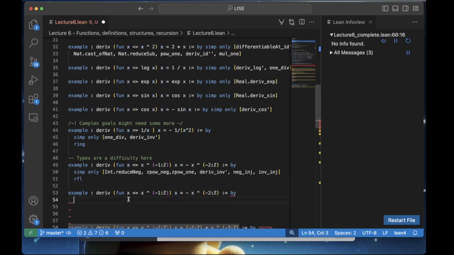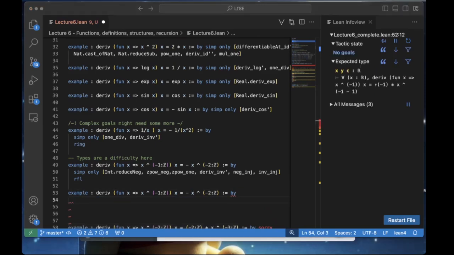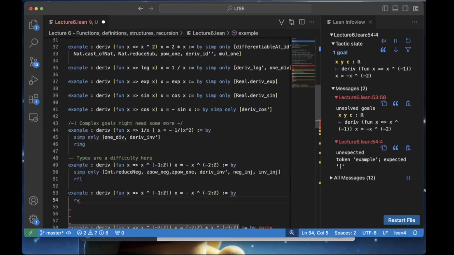Here I'll show the whole solution and then we'll unpack it first. So we're going to do a rewrite and we are going to use this show tactic.